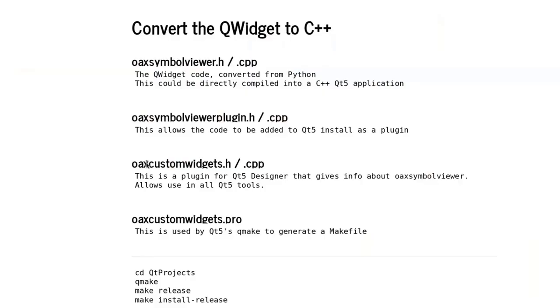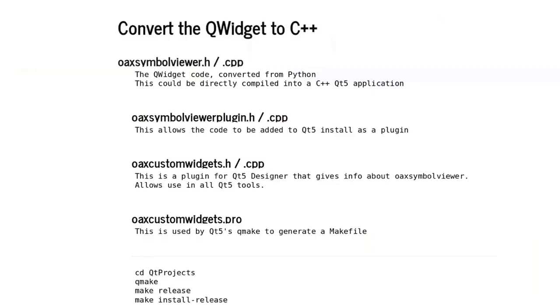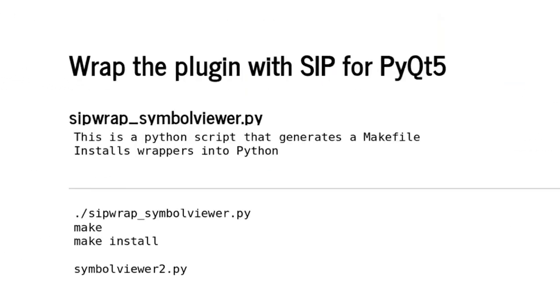Beyond that, to use it in Designer, you have to add another plugin file that's the plugin for Qt Designer itself, which is what we saw in Designer, and then the makefile that I showed you after that. So now I have a fully usable C++ plugin for this project.